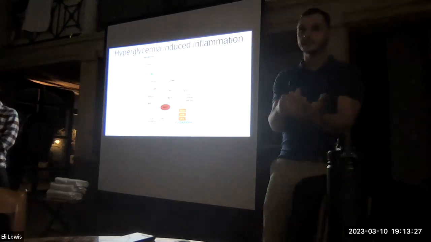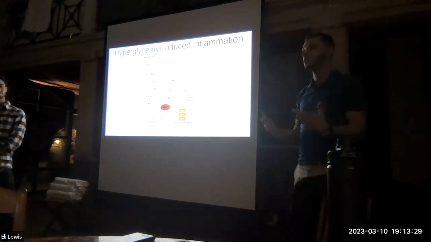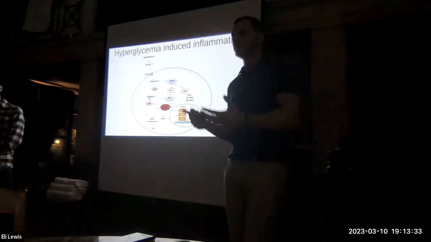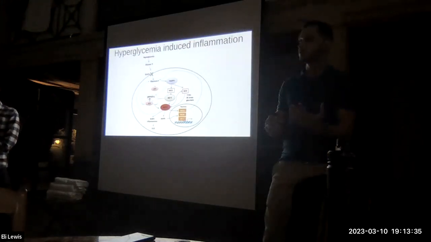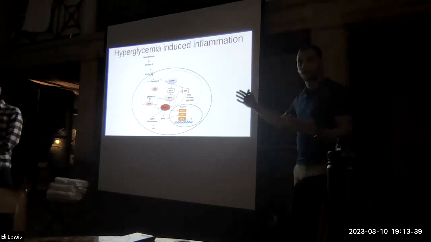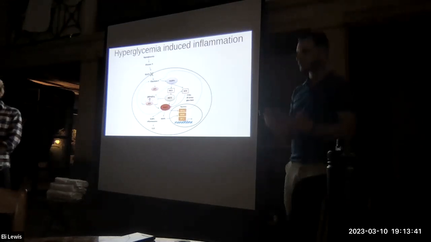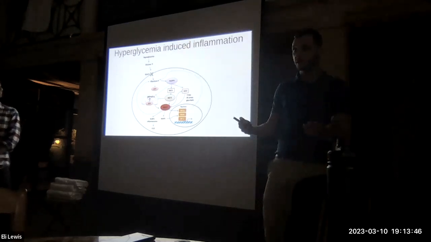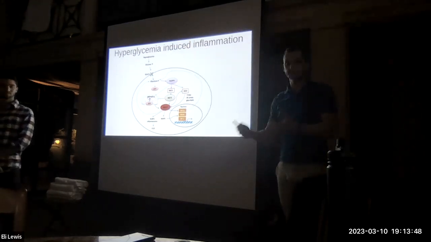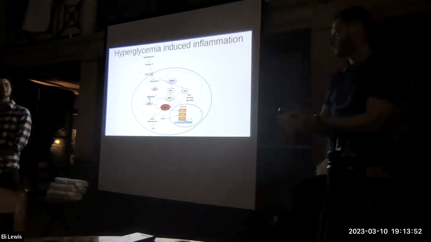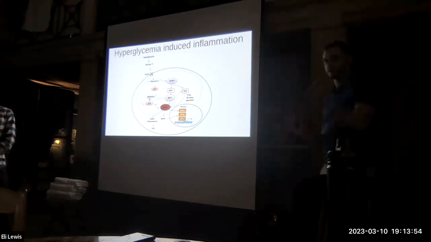The result is that the wound itself doesn't get good blood supply, at least at first, and then we have a hypoxic environment. In a hypoxic environment, the macrophage has no alternative besides glycolysis for production of energy, for production of ATP. So when we have hyperglycemia, we have a lot of product for glycolysis, and the macrophage has a lot of substrates to make energy from, but there are consequences to this.